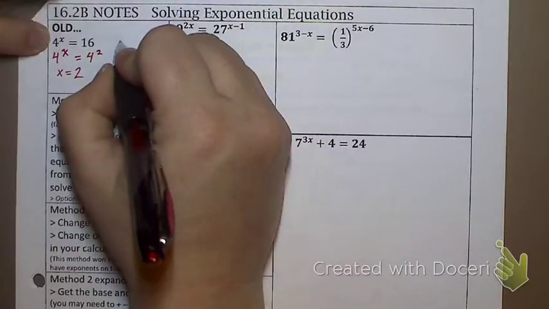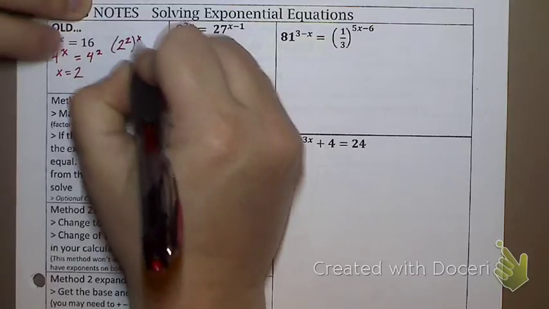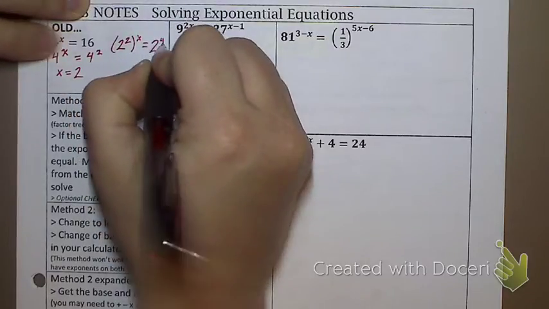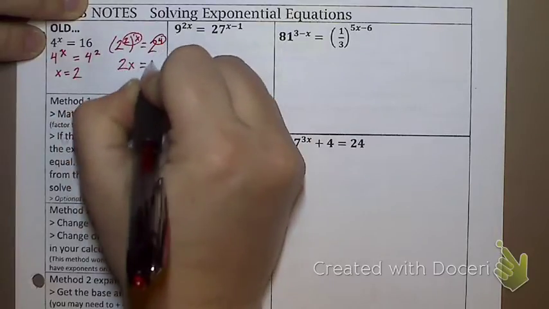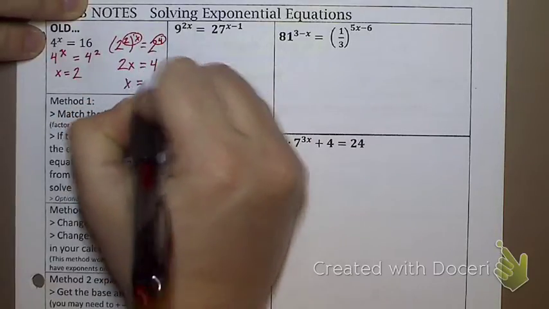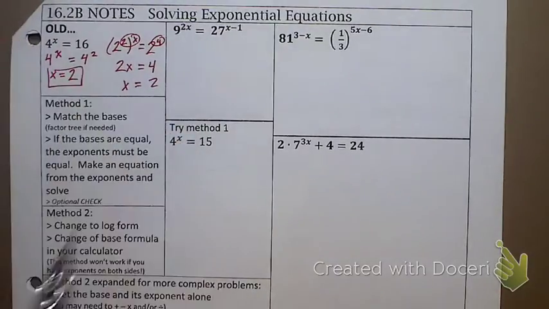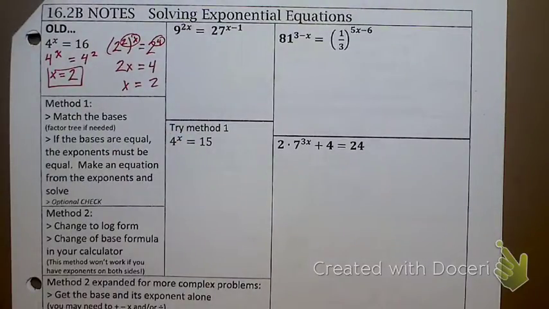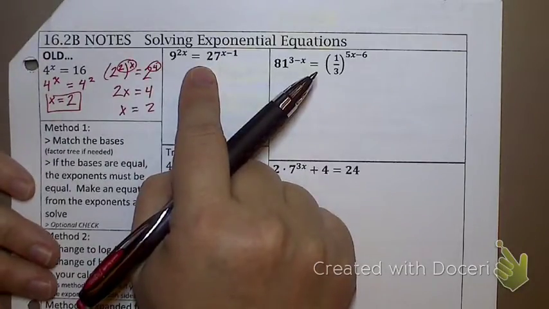Or you could have said 2 squared to the x equals 2 to the fourth and set 2x equal to 4. Either way, you end up with x equals 2, right? Doesn't matter whether you got the matching bases to be a 4 or a 2, as long as you got matching bases. Now, we can do that for some problems, such as this one.